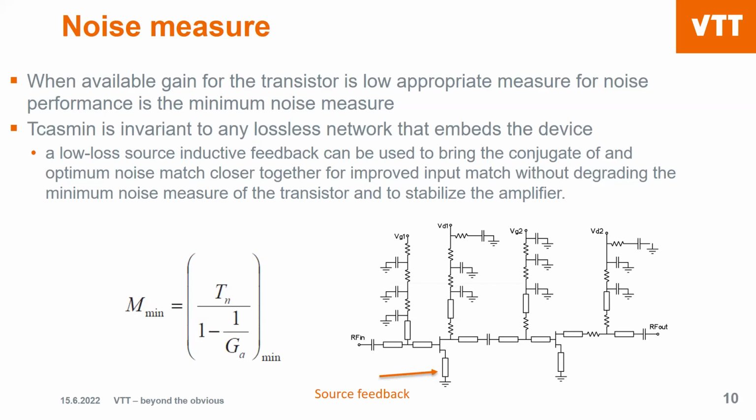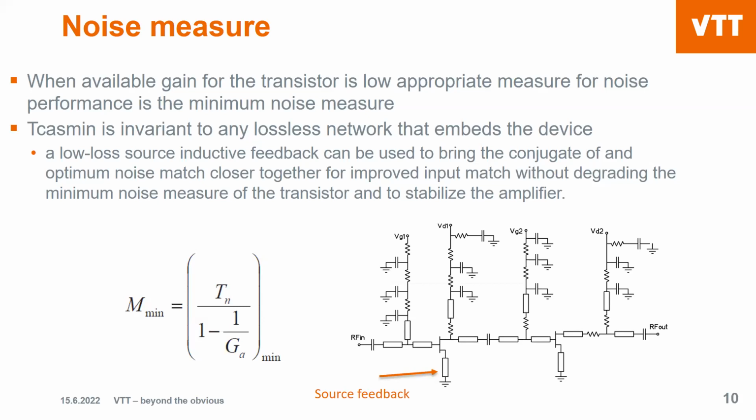Okay, so we now know that this T_cas,min is invariant to any lossless network that embeds the device, around the device. But it also means, which is a good thing, that we can add a low loss source feedback. This is the degeneration source feedback that Mikko was talking about yesterday.